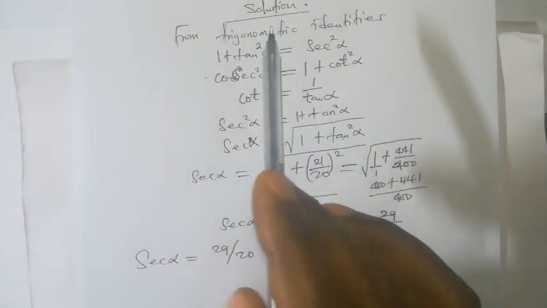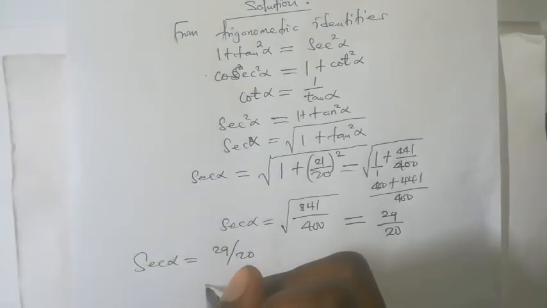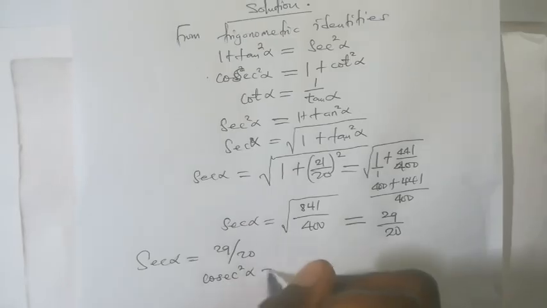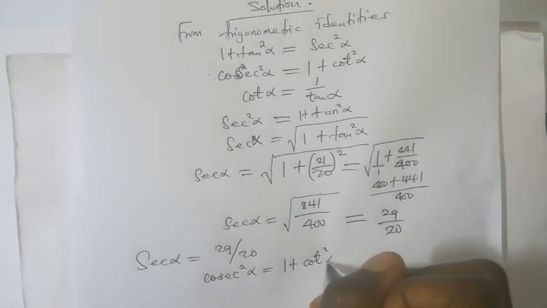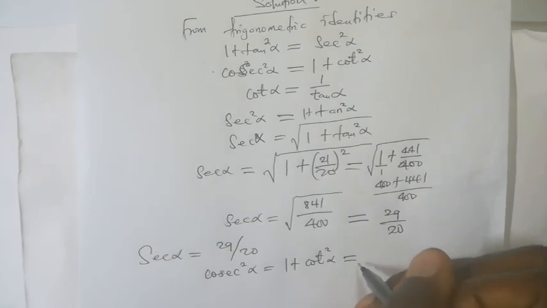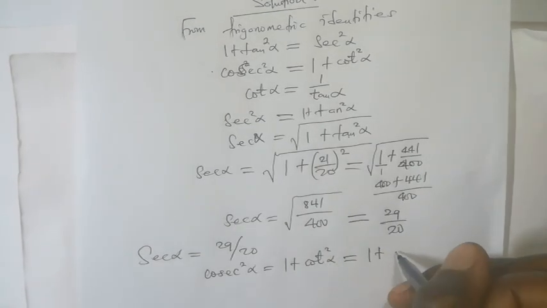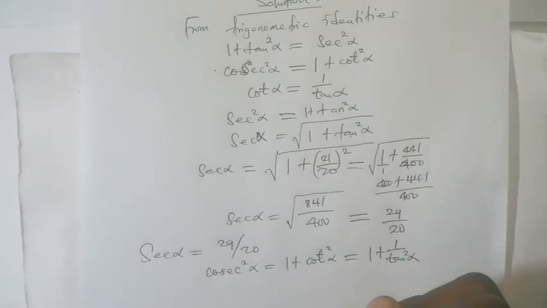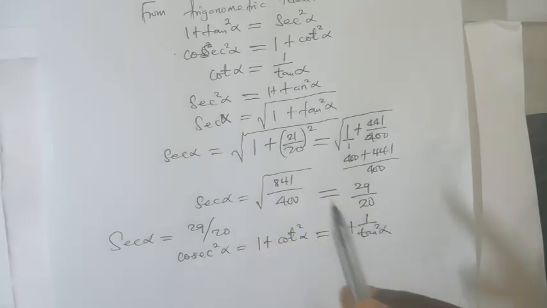So let's also go to cosec square alpha, which we said is 1 plus cot square alpha, and 1 plus cot square alpha is 1 plus 1 over tan square alpha, since cot alpha is 1 over tan from our identities.